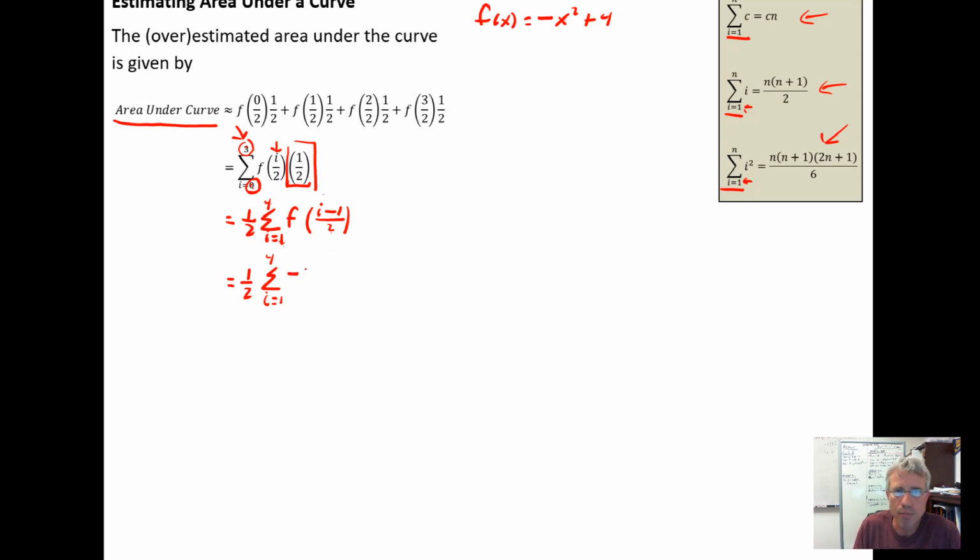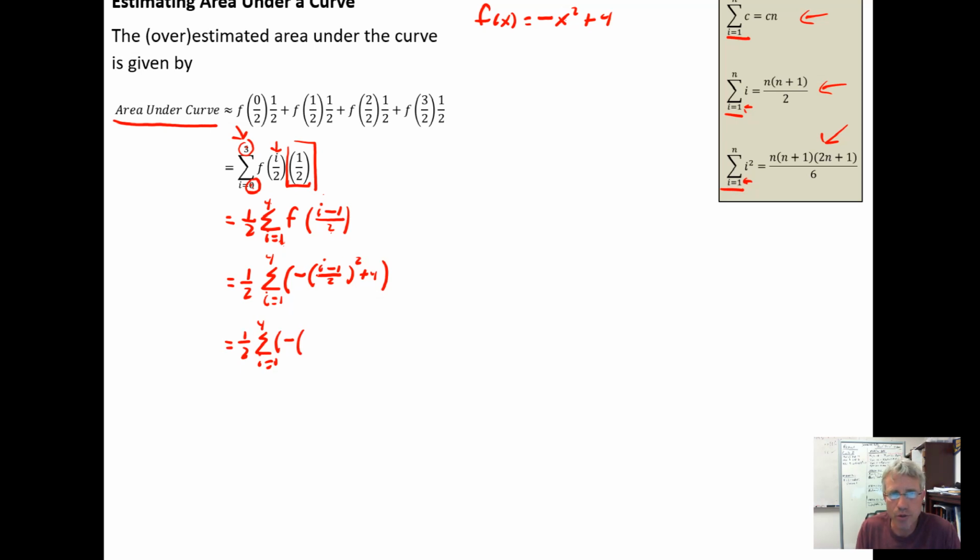I'm going to put a parenthesis here to hold my function in. I'm going to get the opposite of x squared, but the x gets replaced with i minus 1 over 2, and it's plus 4. And then I want to actually square this term out, so I'm going to get equals 1/2 the sum from i equals 1 to 4 of the opposite of.